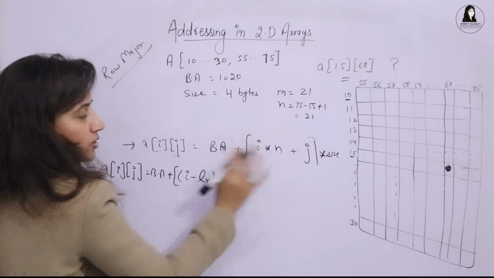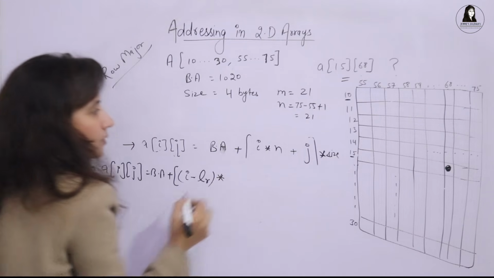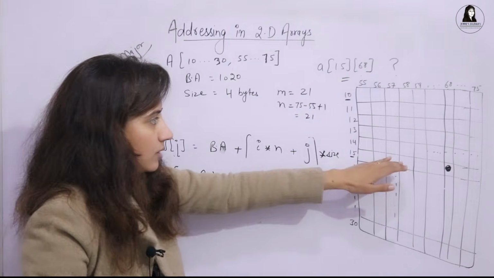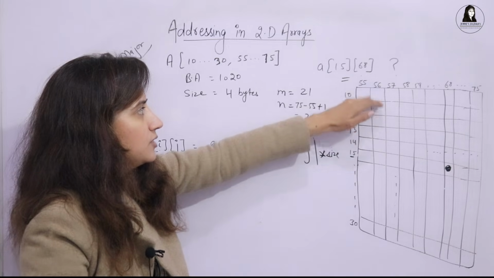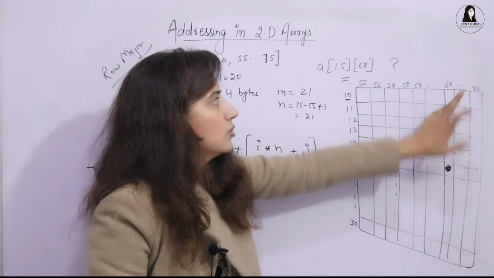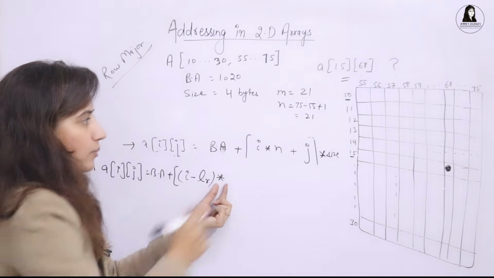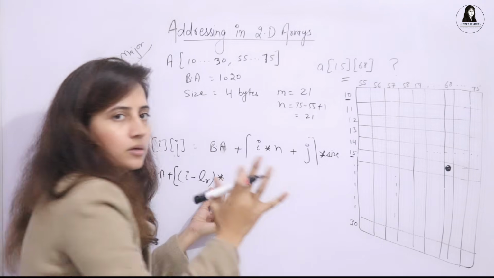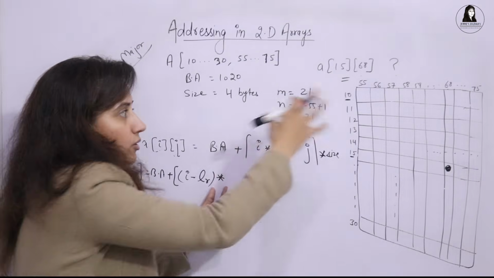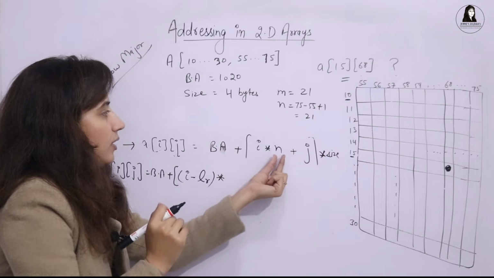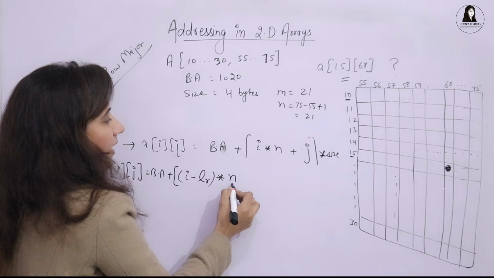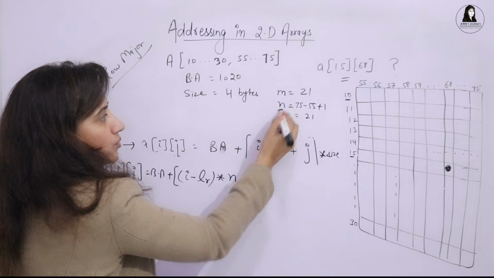Not simply I. Into how many columns? Obviously, how many elements are in each row, equal to the number of columns. So we'll do, obviously, into the number of rows, into in each row how many elements there are, to calculate all the elements, into n, right? Okay, this is the case, but how to calculate n I have told you.